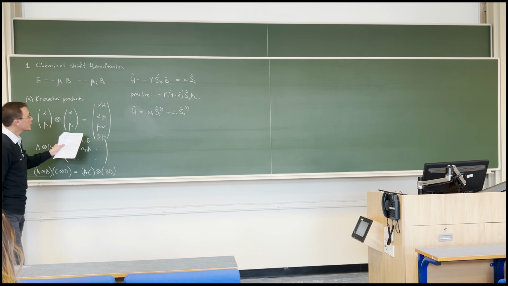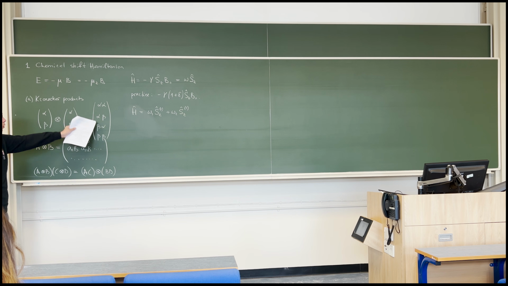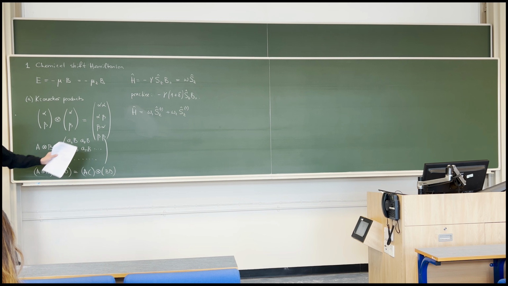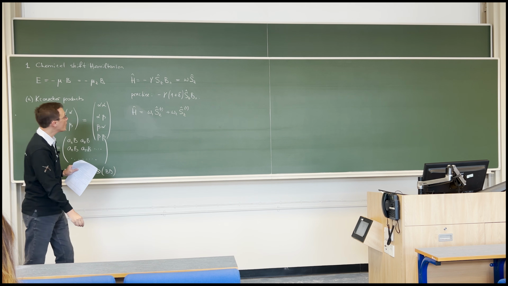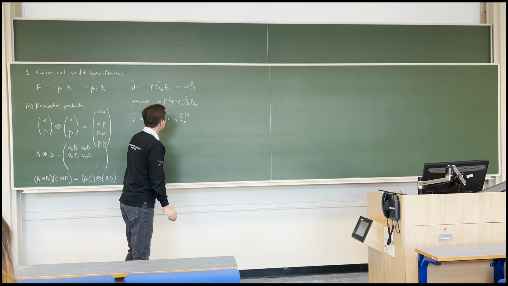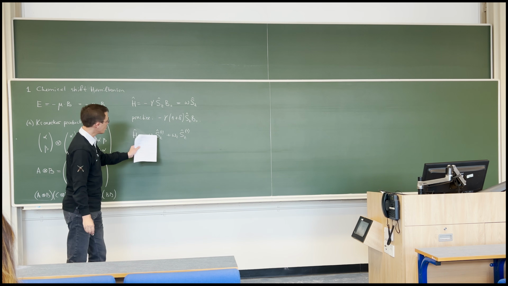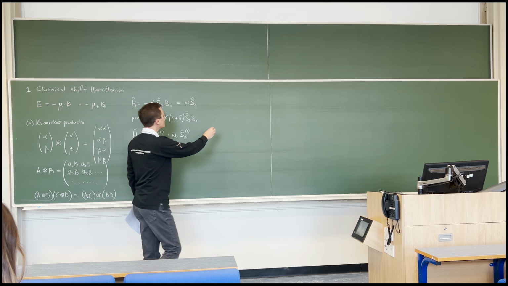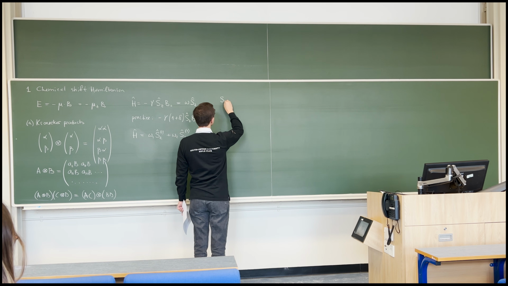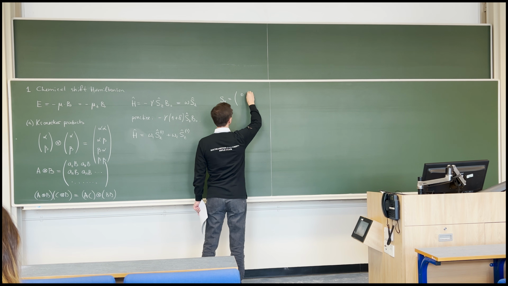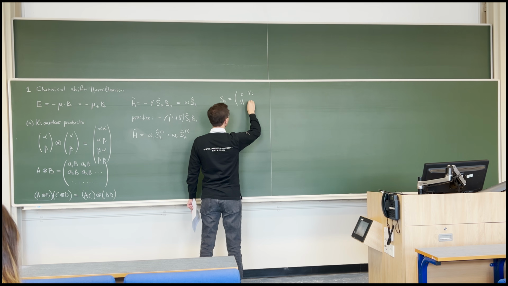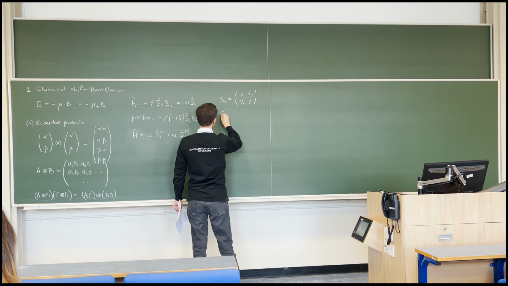Well, because we have two spins, we have 4 quantum states in the system, so these matrices will be 4 by 4. We will write down elementary matrices, so the ones without the indices, somewhere here. So Sx is 0, 1/2, 1/2, 0.